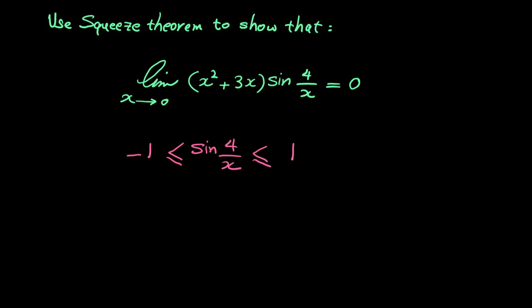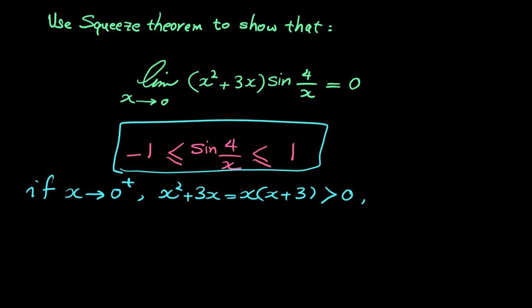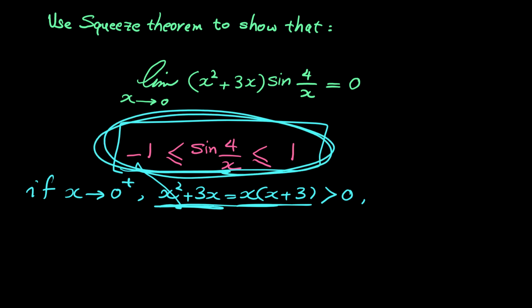So let's do it. We consider two cases. If x approaches 0 from the right, then x^2 + 3x, which is basically x times (x + 3), is greater than 0. And so if we multiply both sides of this inequality by this expression, the direction of the inequality doesn't change.